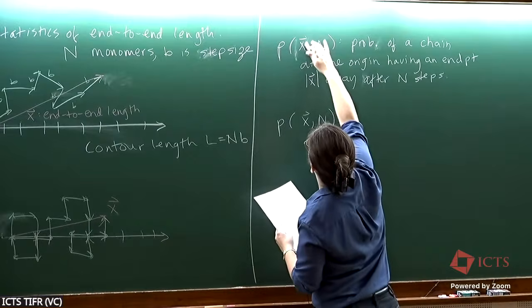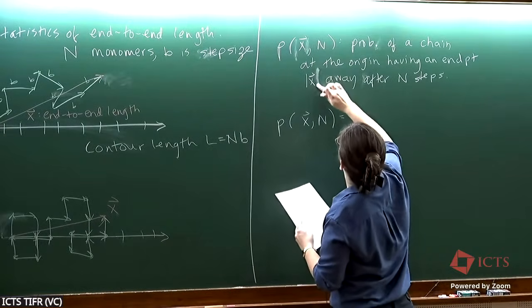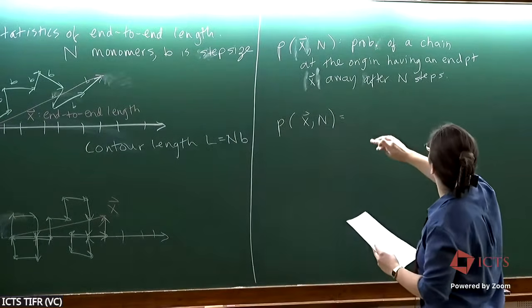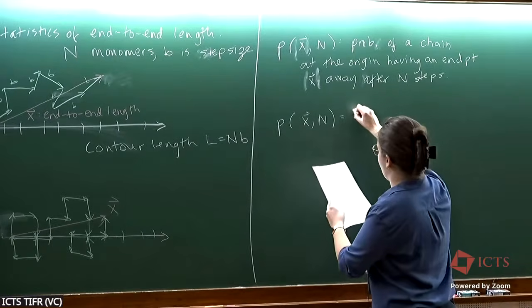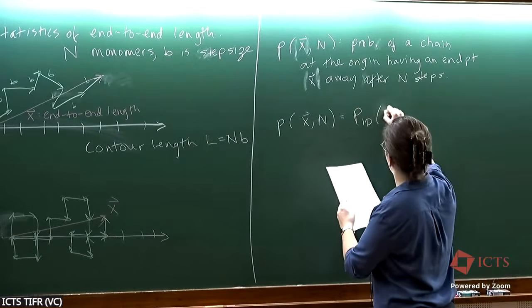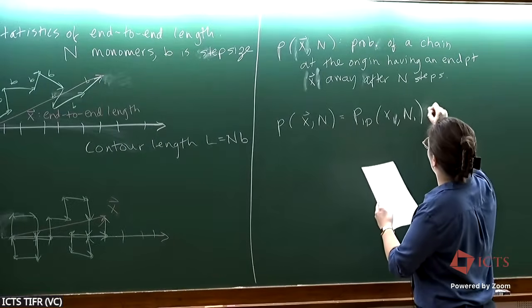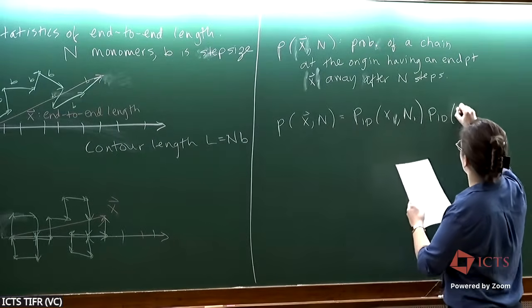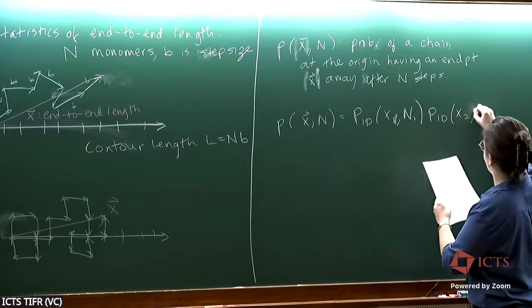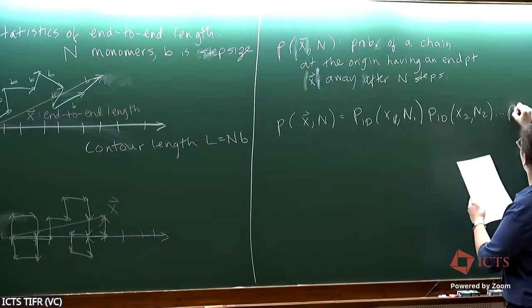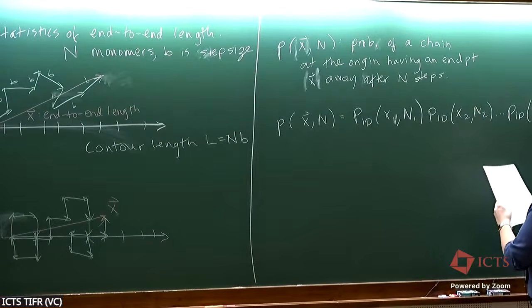We'll bring this back later, but I won't put my magnitude here. P of X of N is the product of as many 1D distributions as we want, depending on what dimension we are in. So this is X_D to the N_D.